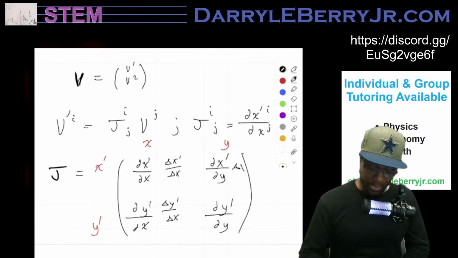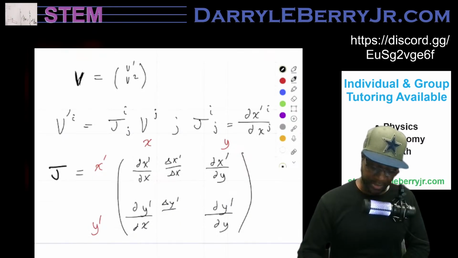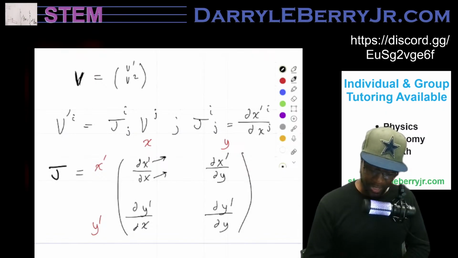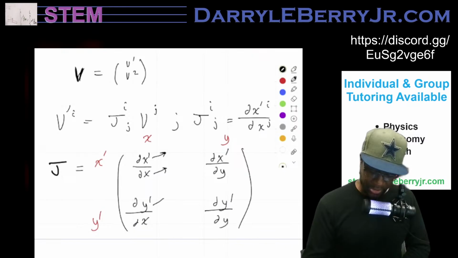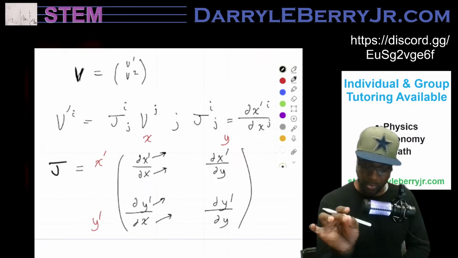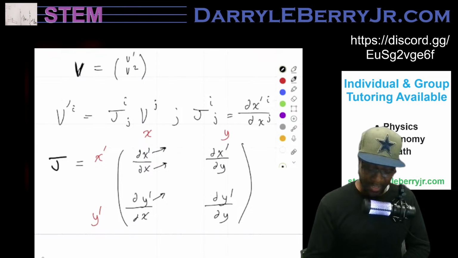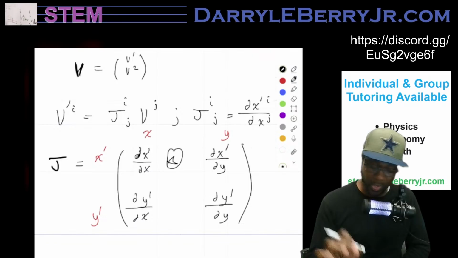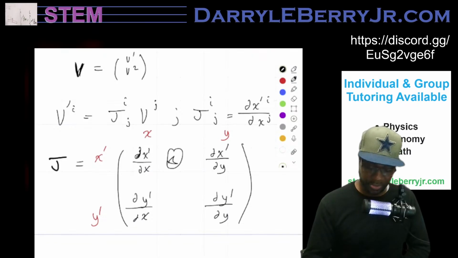Now, the reason for the partial is it's in that particular direction. So this is only the change in the x direction relative to the change in the x direction, and the change in the y prime direction. So it's only that little bitty partial change in a specific direction. And the reason why we change from the change, like the box triangle change, to the partial, is because we go into infinitesimal changes.